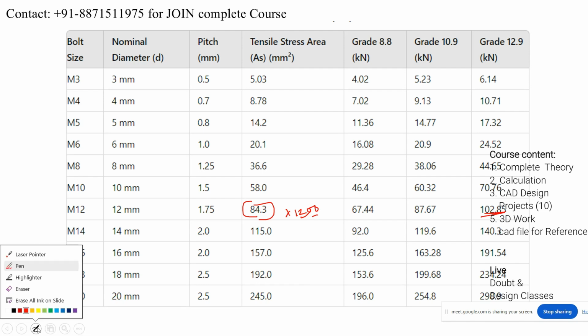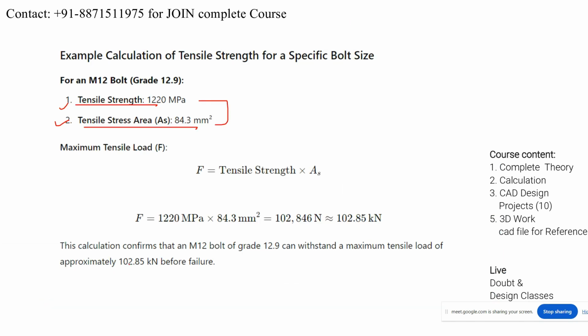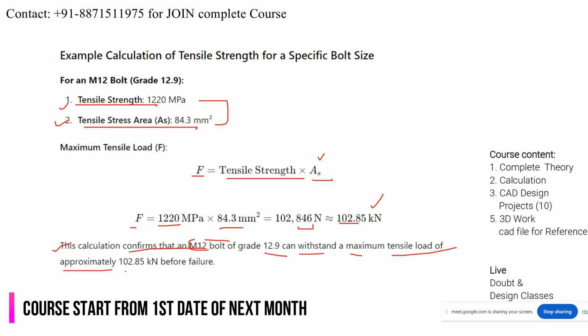So the tensile strength is 1200 megapascal and the tensile area AS is 84.3 mm square. So you will get 102.85 kilonewton. Is it clear? This calculation confirms that the M12 bolt of grade 12.9 can withstand a maximum tensile load of approximately 102.85 kilonewton before failure.